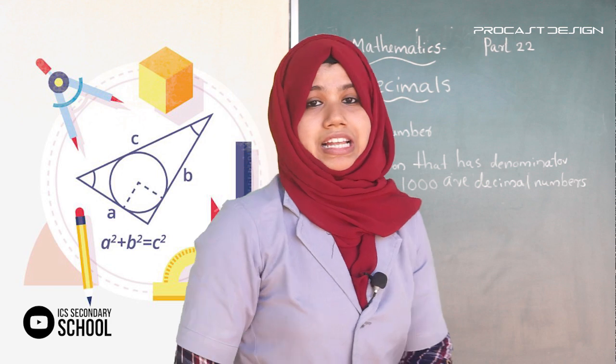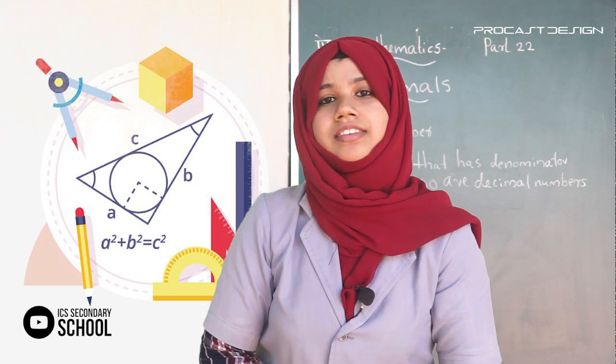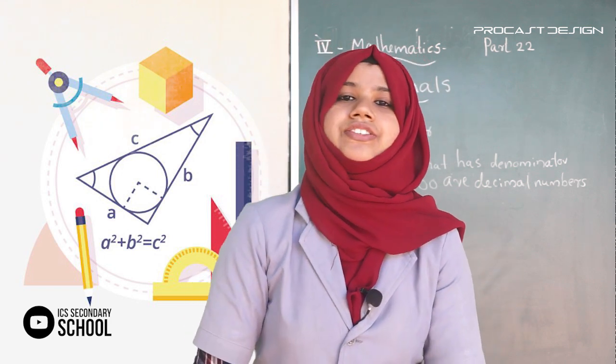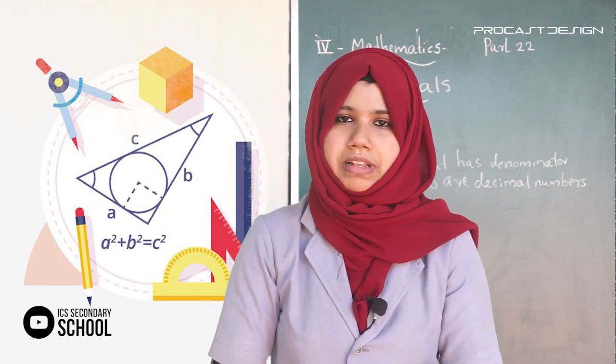A fraction that has denominator 10, 100, 1000 is called a decimal number.